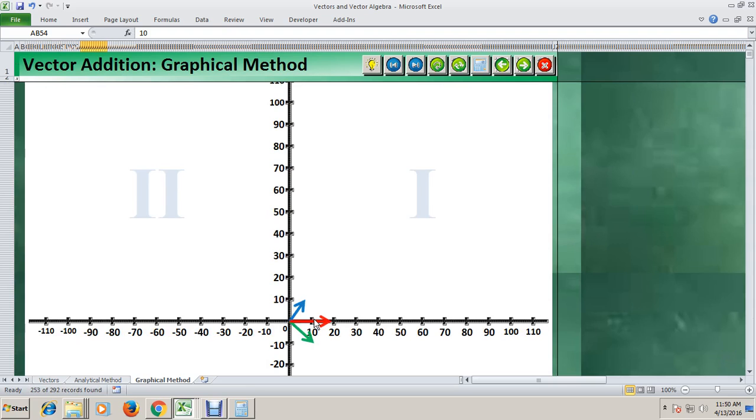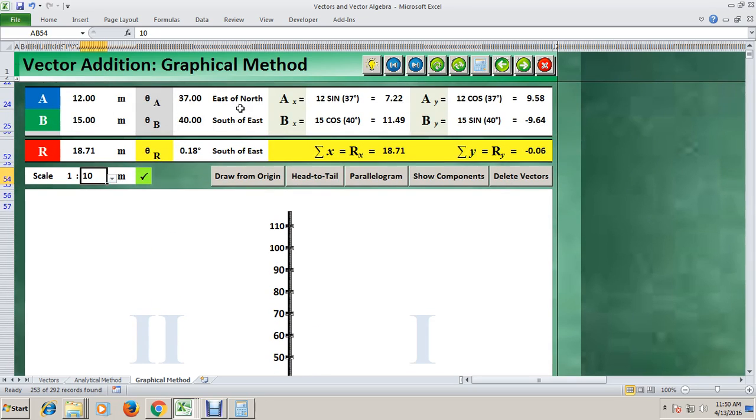Okay, so as you can see here, the two vectors, one is on the first quadrant and the other one is on the fourth quadrant. The blue or the first vector is located east of north, 37 degrees.